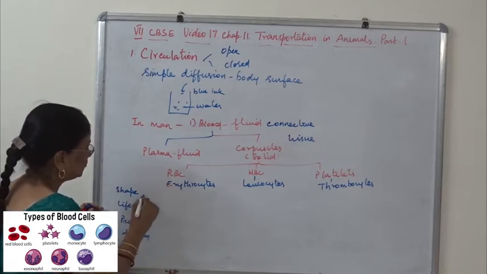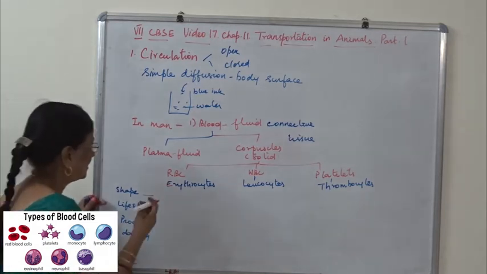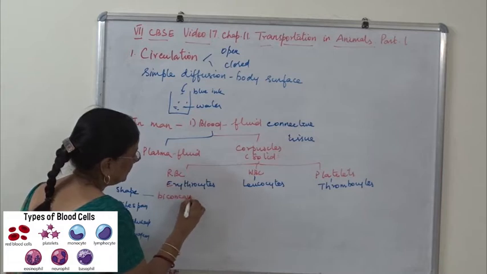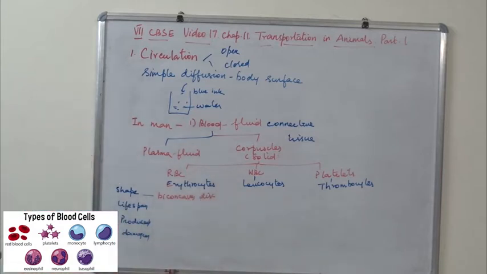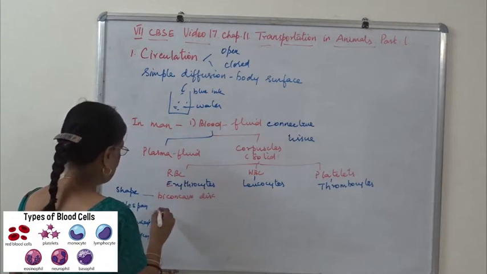Now the shape of RBC is biconcave, circular and disc shape.